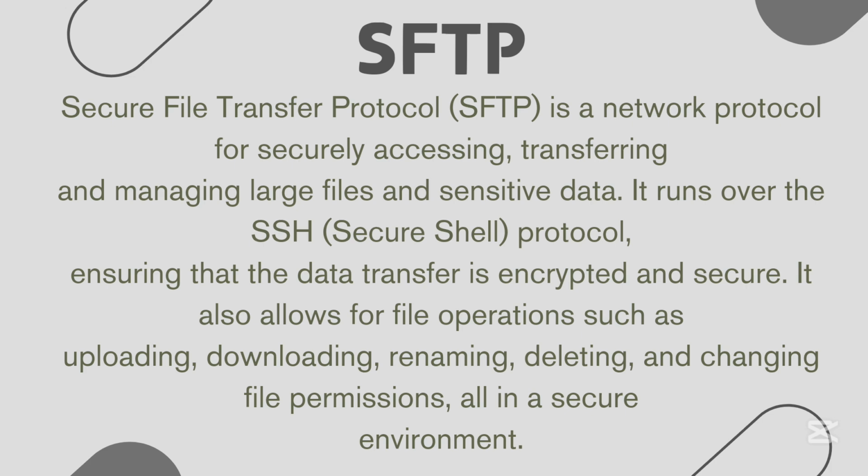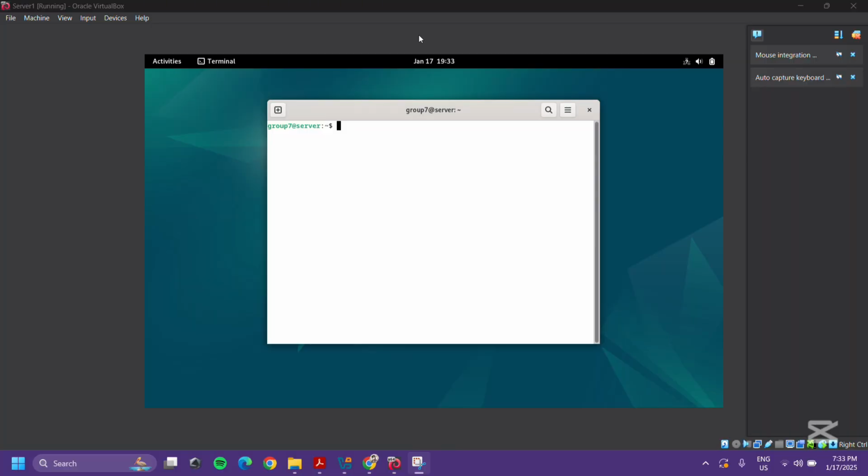It runs over the SSH (Secure Shell) protocol, ensuring that the data transfer is encrypted and secure. It also allows for file operations such as uploading, downloading, renaming, deleting, and changing file permissions, all in a secure environment. So now let's move on to the step-by-step configuration.